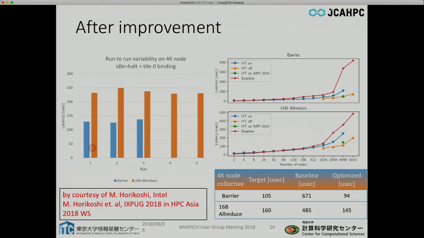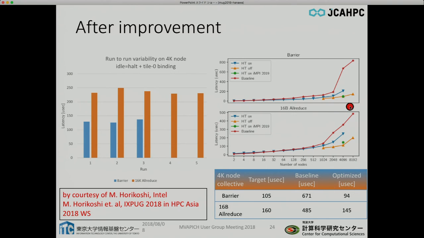The left-hand graph shows the run-by-run performance, where you can see almost stable performance. The right-hand side shows the collective communication improvement. The red line was the original, and after the improvement we get the blue one.